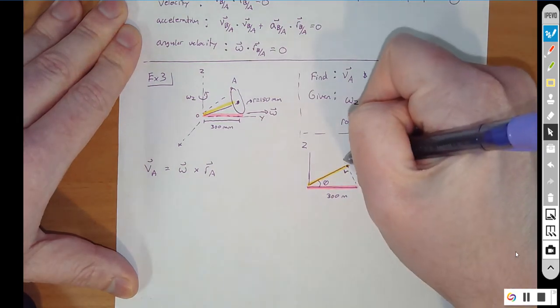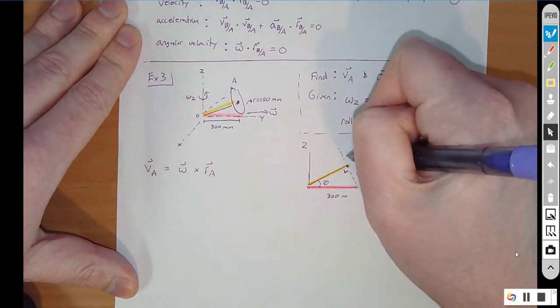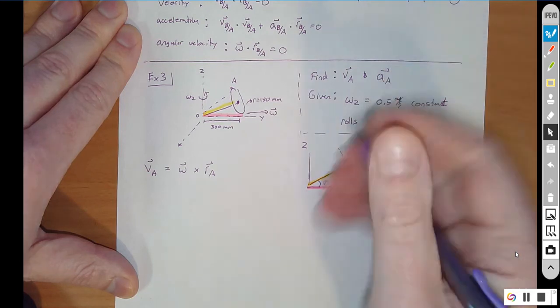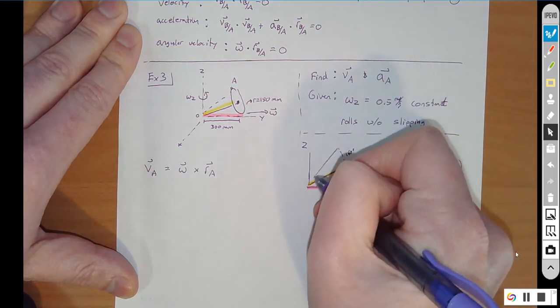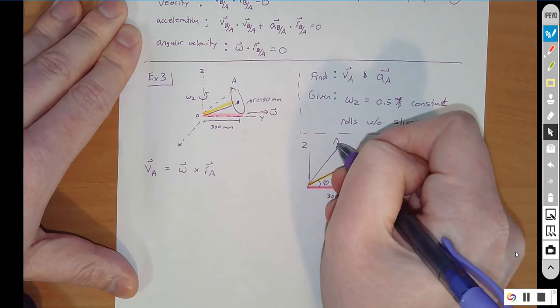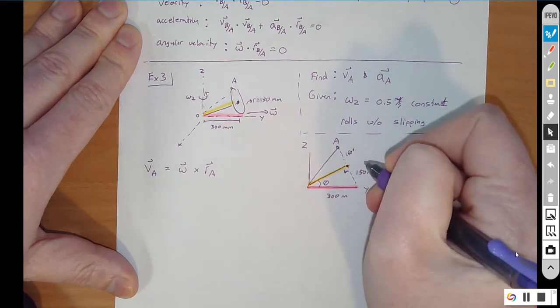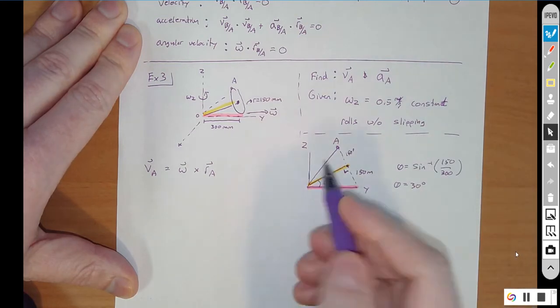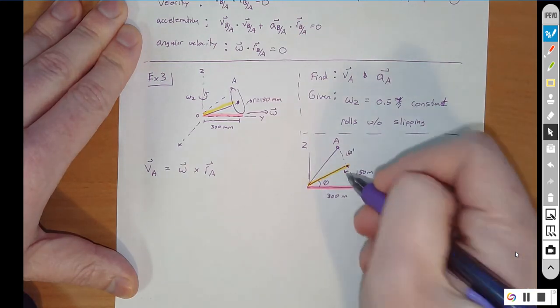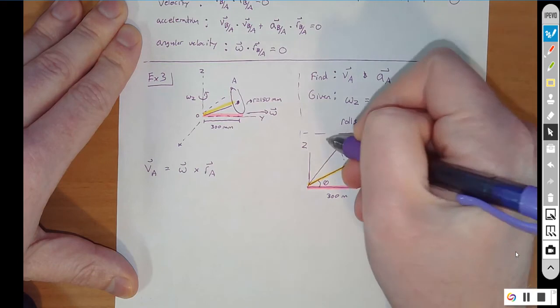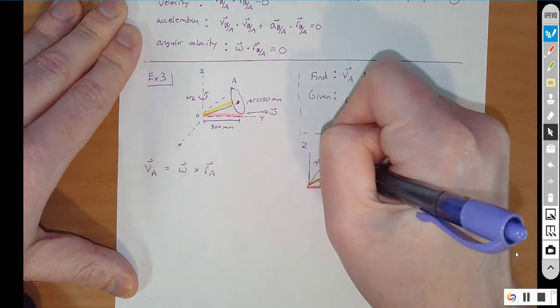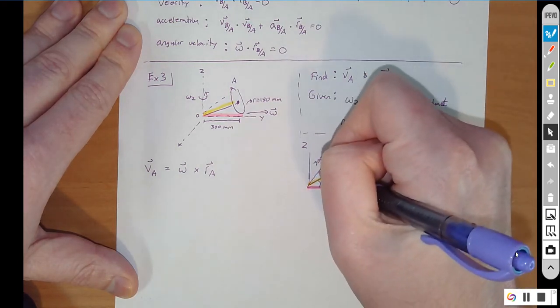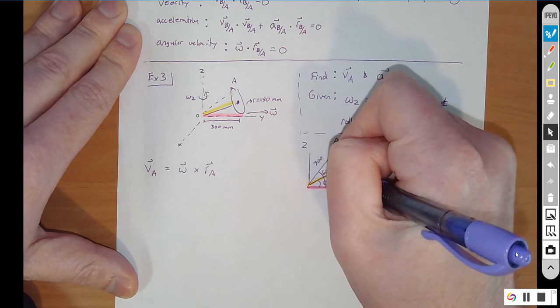Now if I continue this up for an equal amount, so another 150 here, and I come down, this is point A up here. We know that this side is 300, and this side is also 300 because it's just a mirror. Basically, we've mirrored this shape up here. This entire angle up here is 60 degrees.